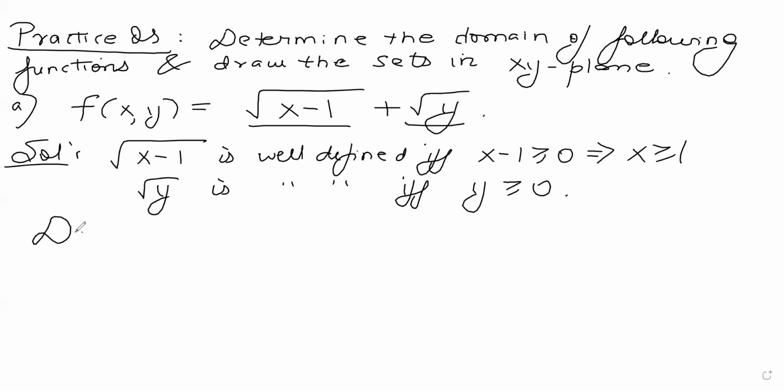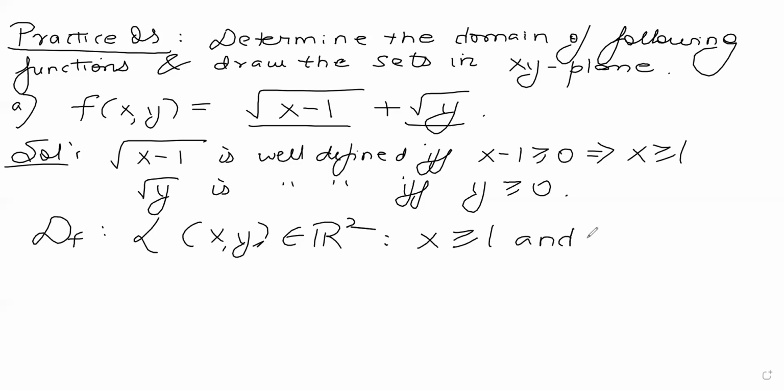So what is the domain of this function? Set of all vectors x comma y belonging to the two-dimensional space such that x is greater than or equal to 1 and y is greater than or equal to 0. This is now the domain of the function f.